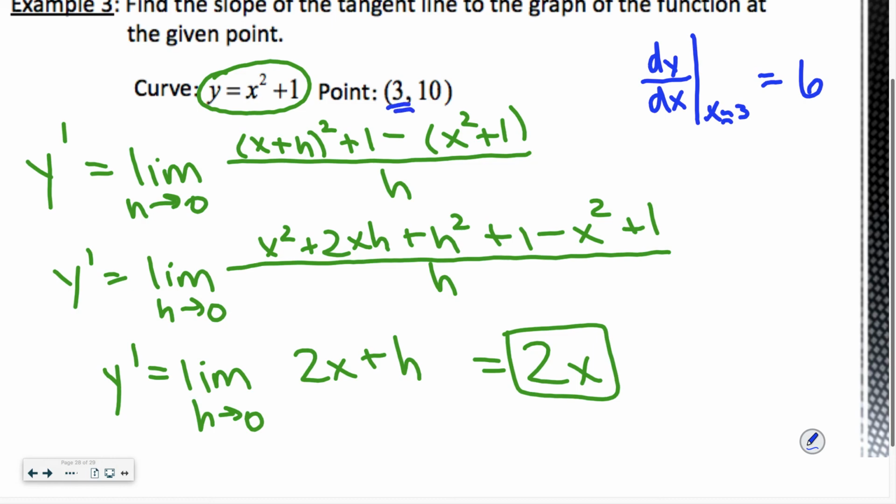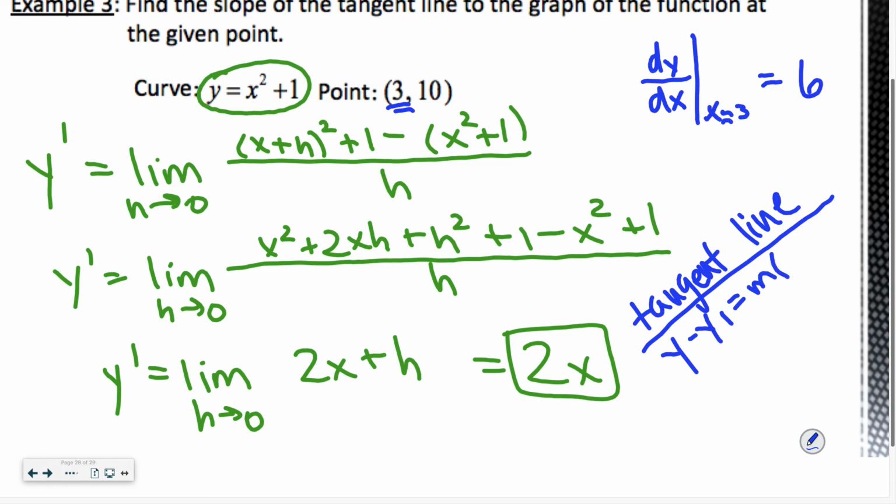So my tangent line, I'm going to ask that you use point slope form. Do you remember how I said, in calculus you don't need to simplify? I'm trying to fit this all in, I'm sorry. y minus y1 equals slope times x minus x1.